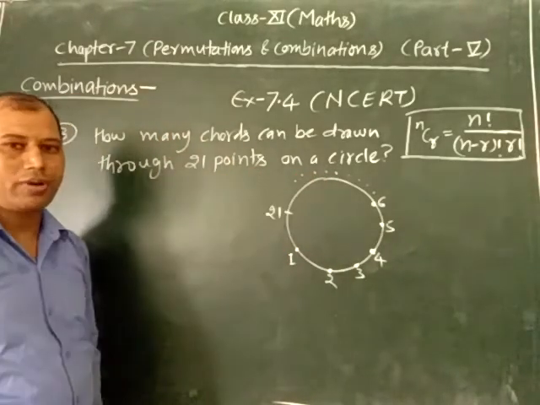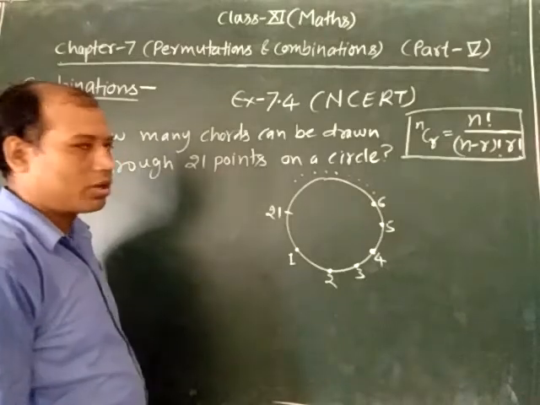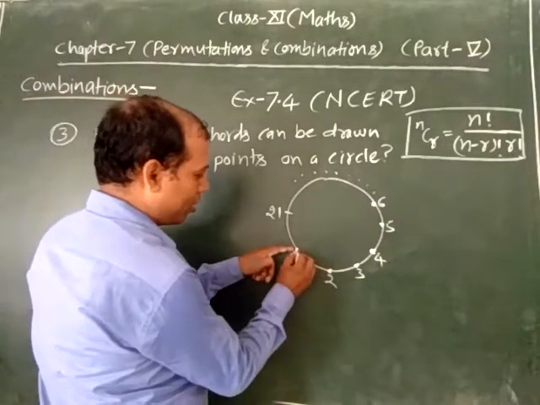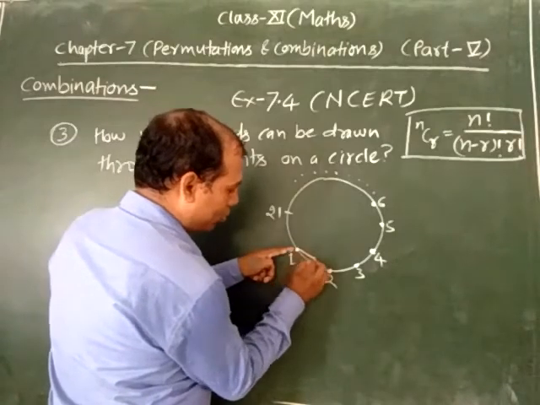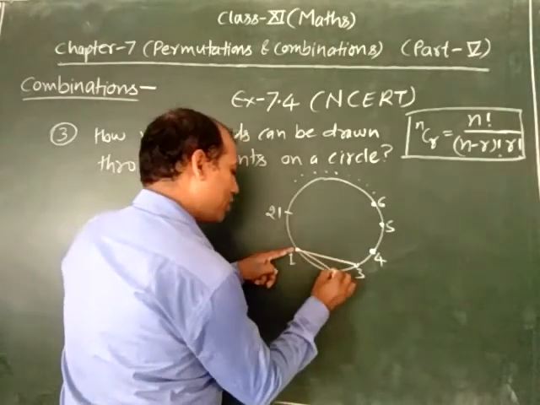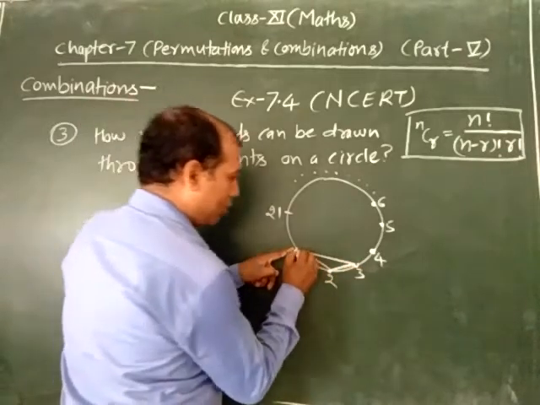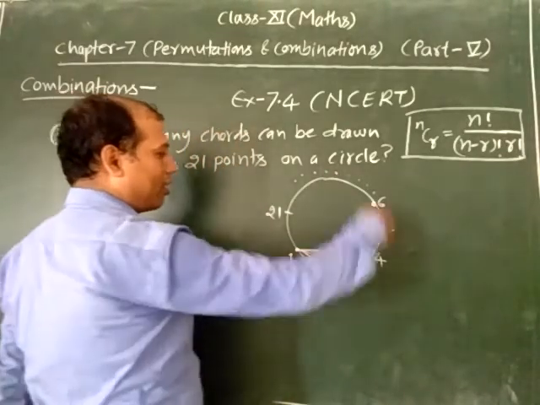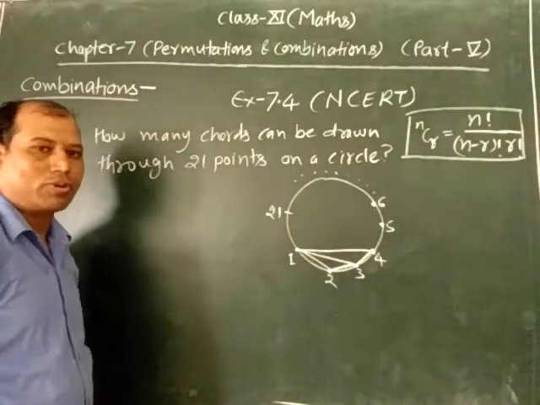There are 21 points. Now a chord can be drawn by joining any 2 points. If we join 1 with 2, then this is a chord, this is another chord, this is one more chord, and this is one more chord. In this manner, we can find out the number of chords.